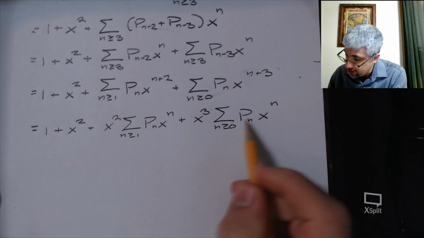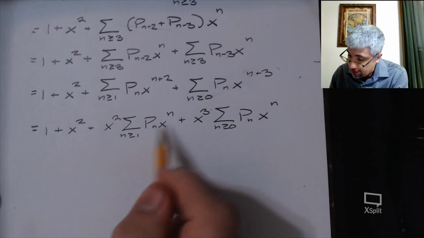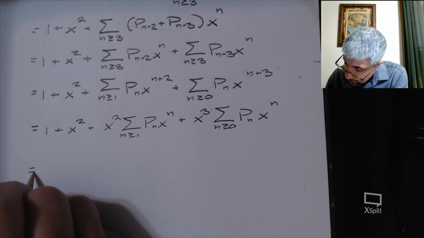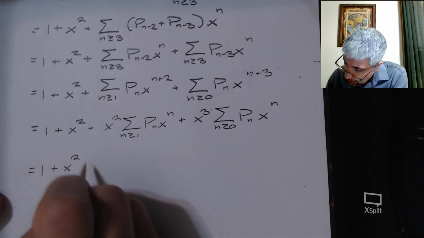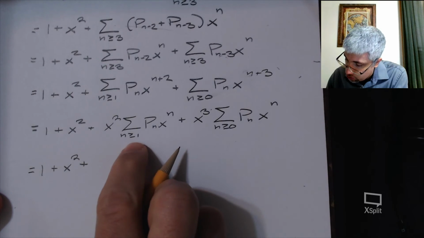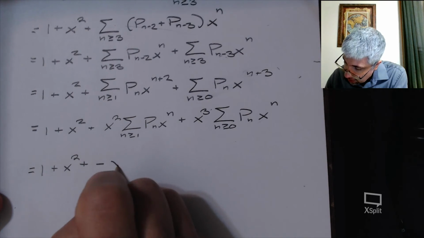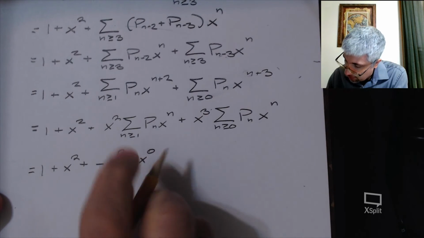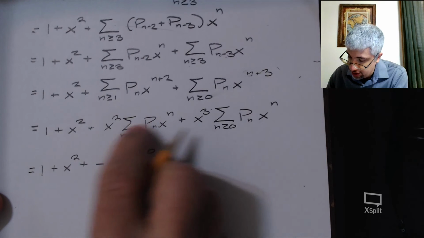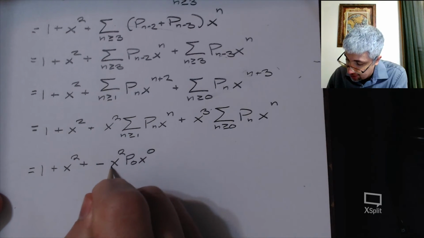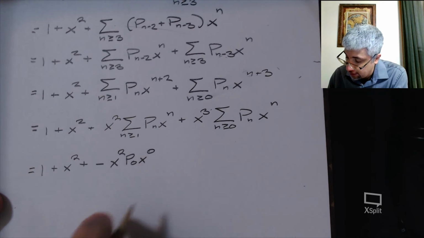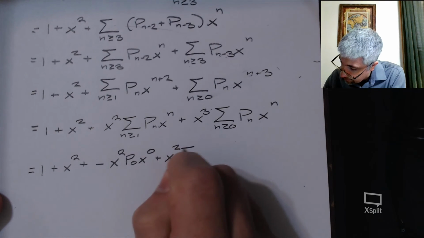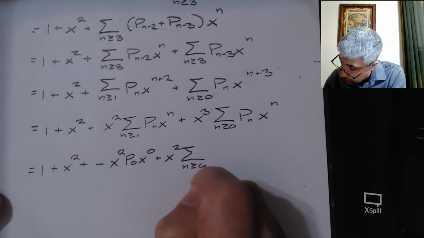And I like how this is looking. This is very nice. I like how this is looking except for the 1, so I'm going to use my adding 0 trick. What I'm going to do is I'm going to subtract off the first term. Remember, each of these terms is times x squared, so I'm going to subtract an x squared P naught x to the 0. And that allows me to just start this at 0.